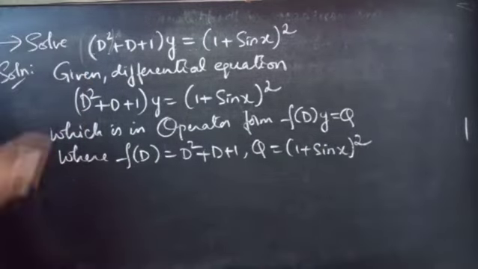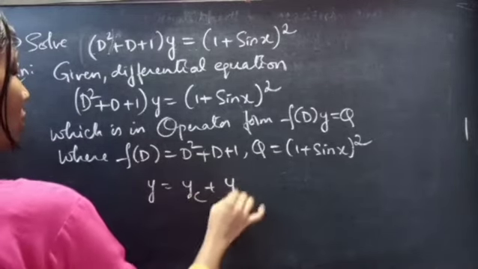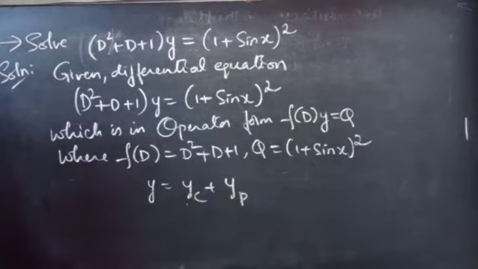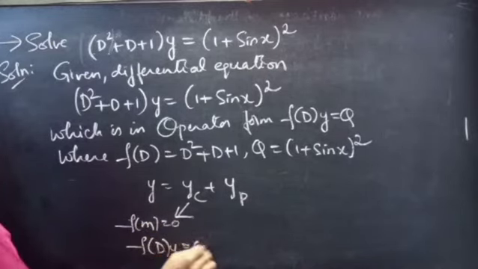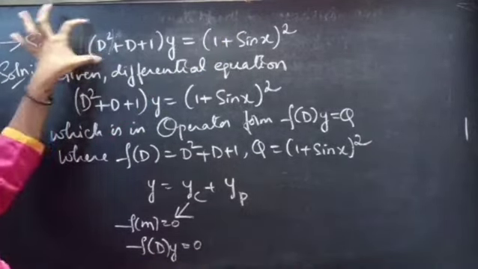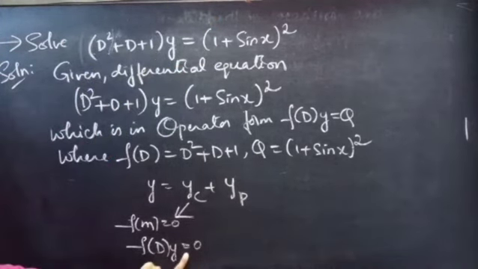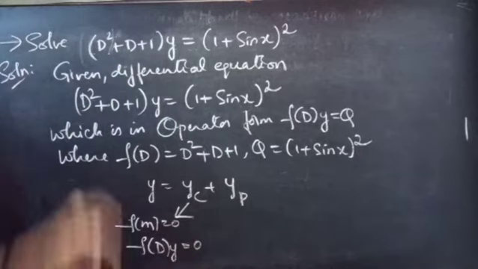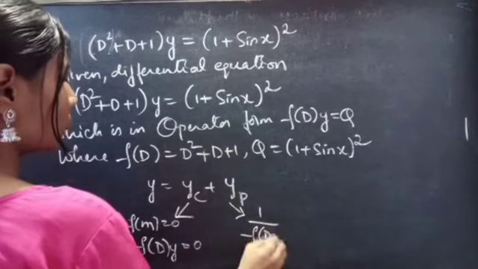Now we need to find the general solution to the given equation, which is given by y = yc + yp. Here yc is the complementary function and yp is the particular integral. We'll find yc using the roots of the auxiliary equation of the homogeneous equation of the given non-homogeneous equation. Simply by taking the RHS to 0, the non-homogeneous becomes homogeneous: f(D)y = 0. Okay, the homogeneous equation of the non-homogeneous equation. And we'll find yp using 1/f(D) into Q.